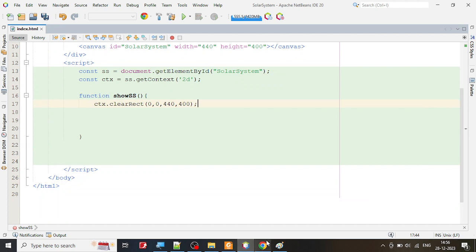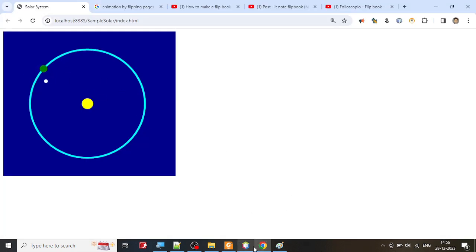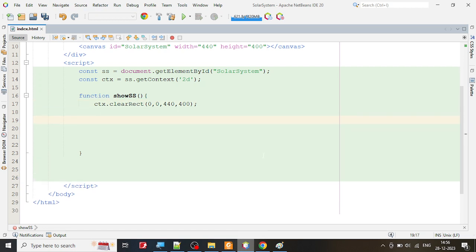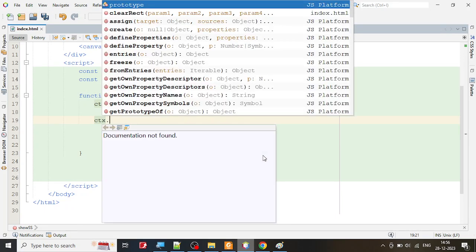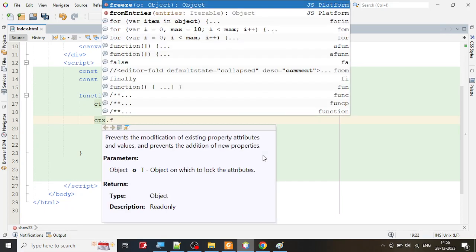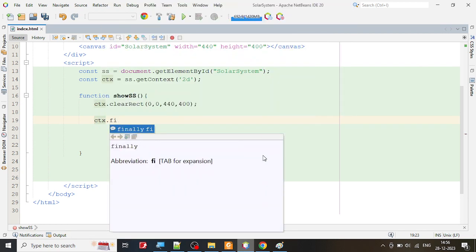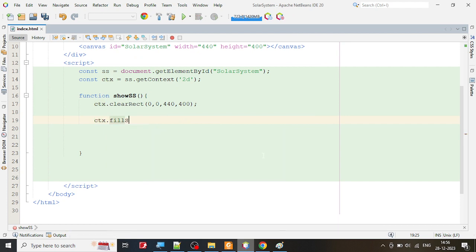Then I'm supposed to fill it with the blue color. So let me fill it with the blue color. I'm going to say ctx dot, and first of all let me select the color. I'm going to say fill style. I'm not getting any option there.